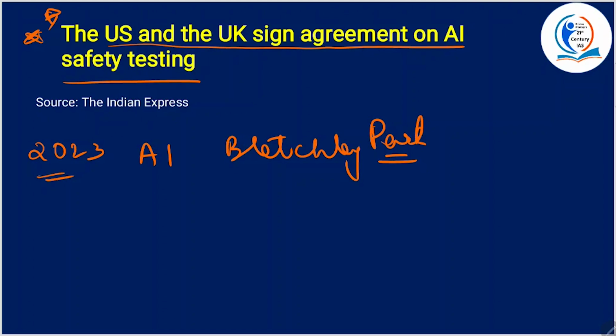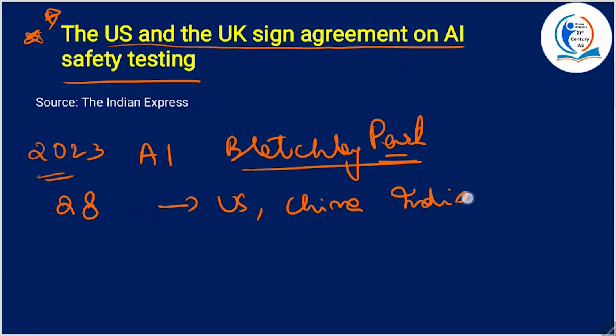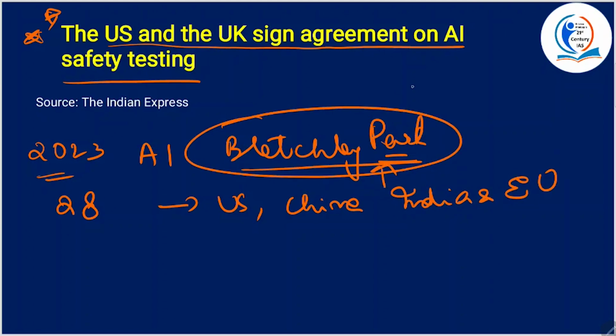And there was a declaration that was signed that is called Bletchley Park Declaration, and it's the first ever AI safety summit. And to tackle the challenges of AI safety, 28 major countries, including the USA, China, India, and European Union, signed this Bletchley Park Declaration.